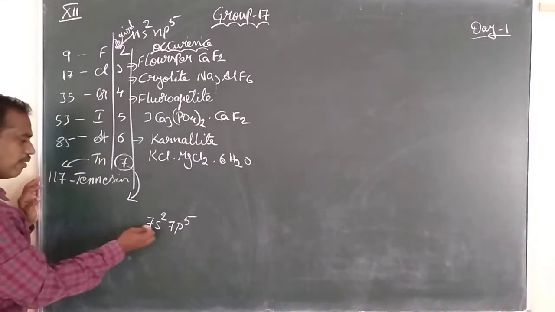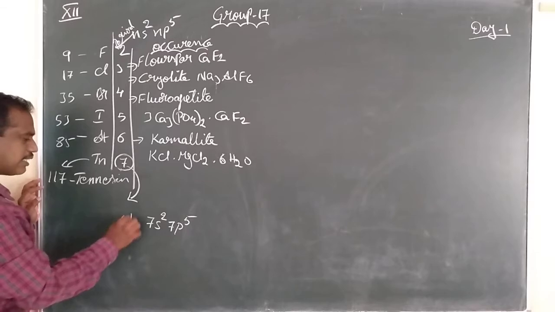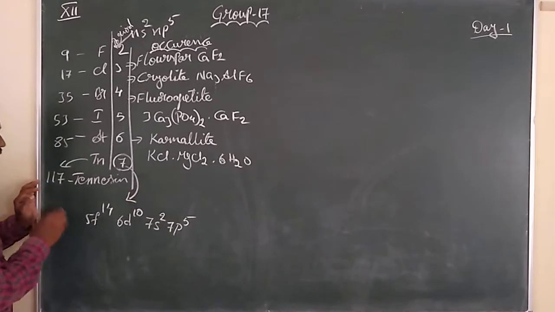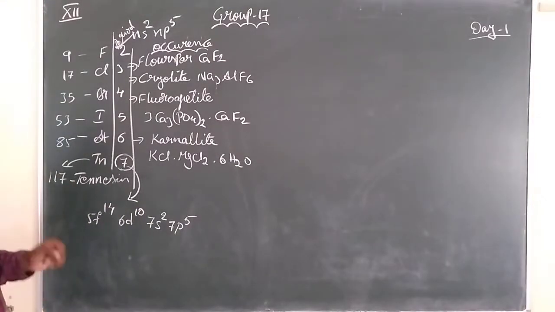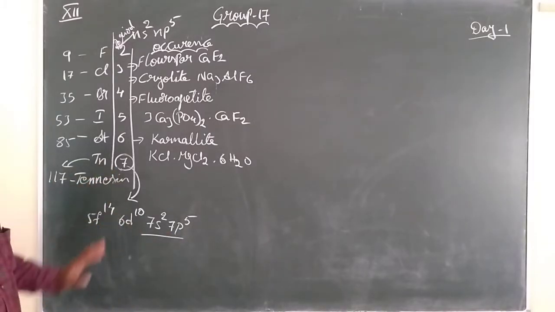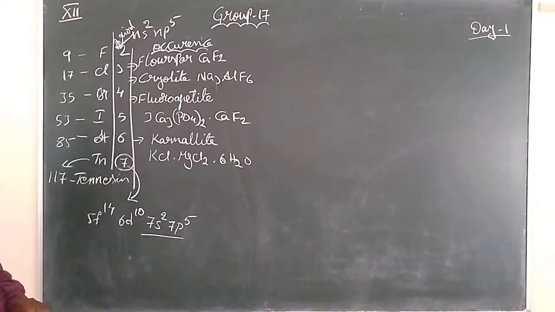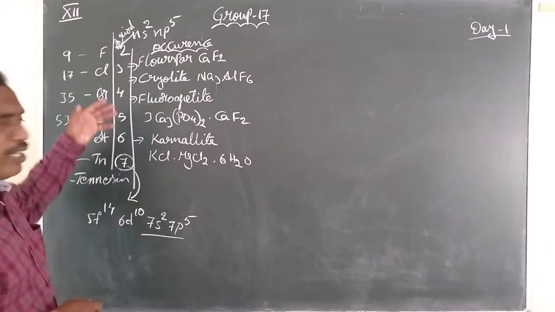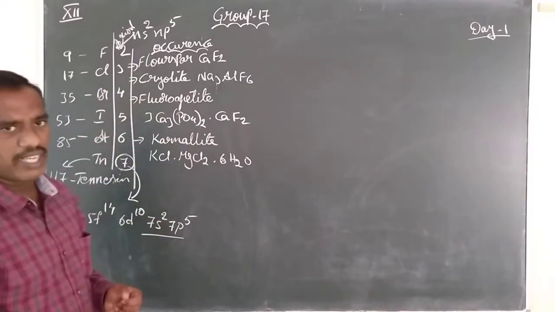Before the 7s we will have the 6d10 and 5f14, and before this we will have the noble gas. So please remember, the outermost electronic configuration depends upon the period to which they belong. We have seen the electronic configuration of one of the elements; the remaining you must practice.